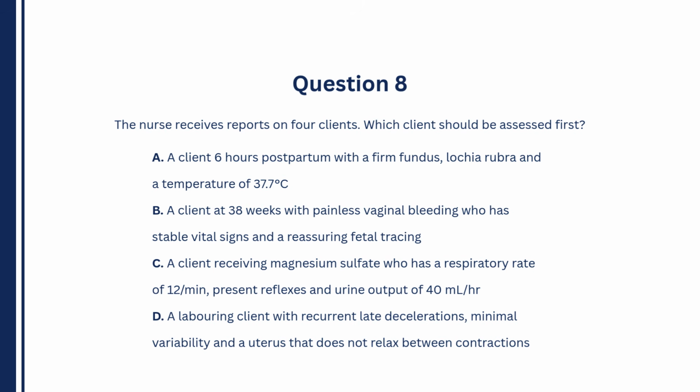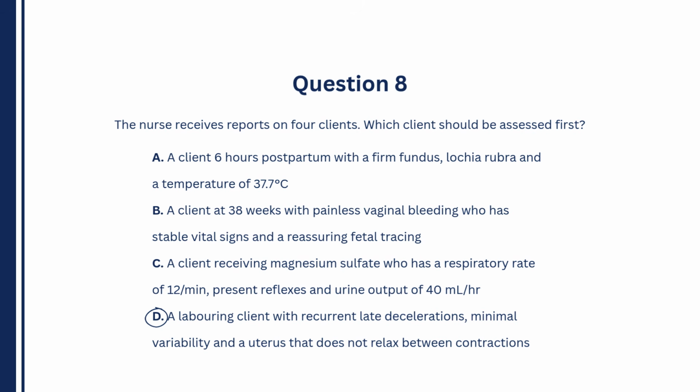Question 8. The nurse receives report on 4 clients. Which client should be assessed first? It's D. A laboring client with recurrent late decelerations, minimal variability, and a uterus that does not relax between contractions.